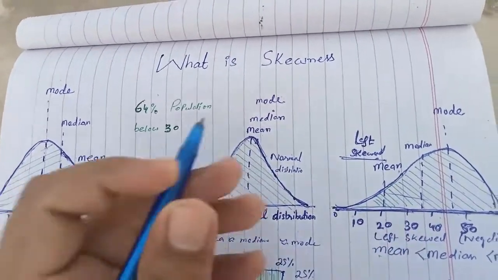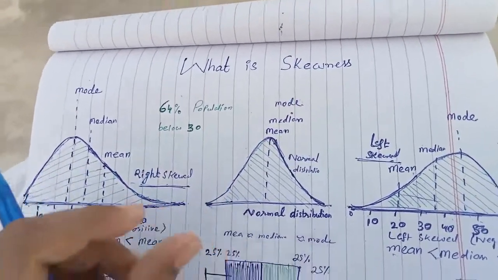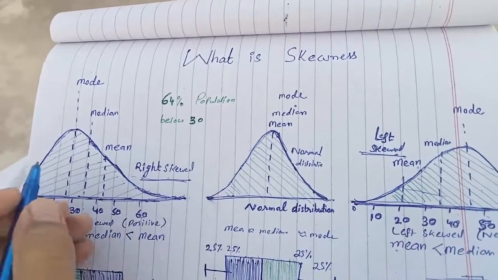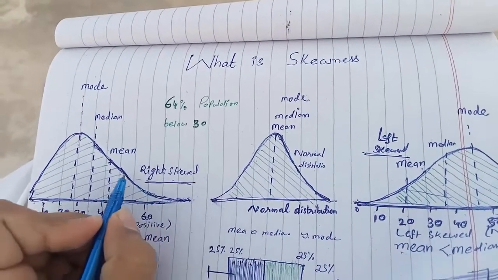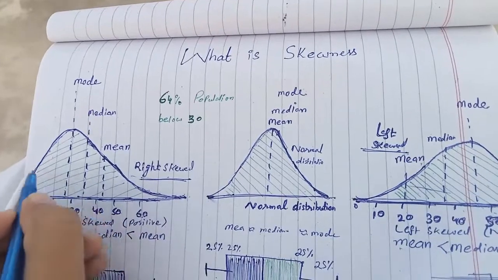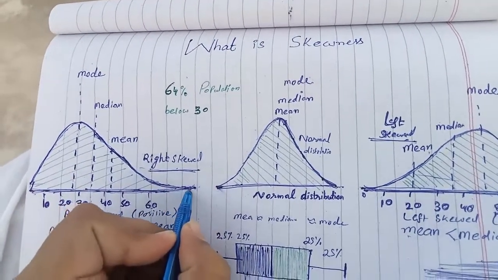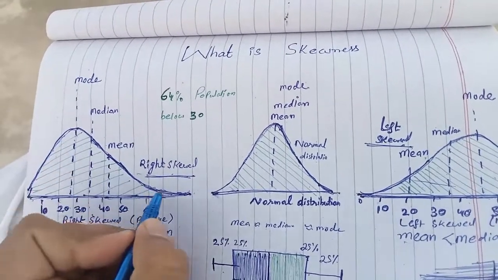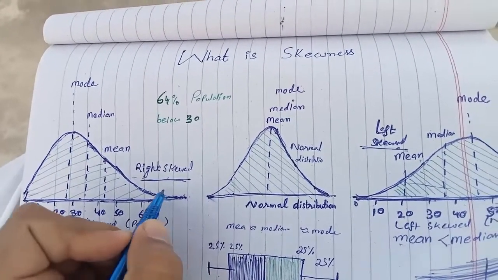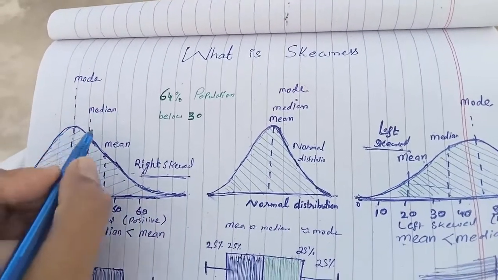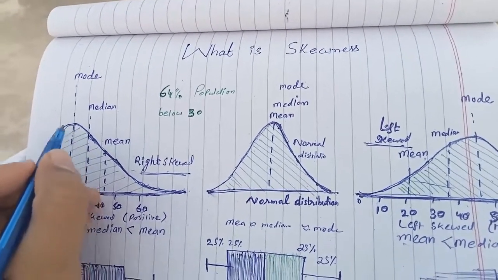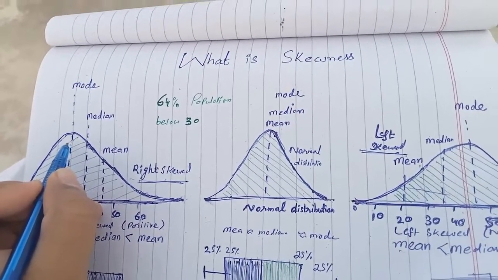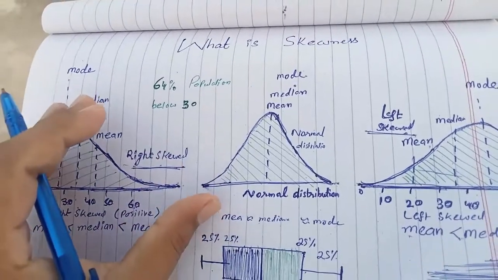What is right skew, what is left skew? In the right skew, you can see the distribution's tail is to the right side, and the hump represents a lot of the data set.